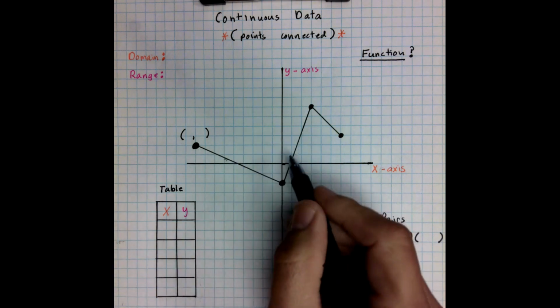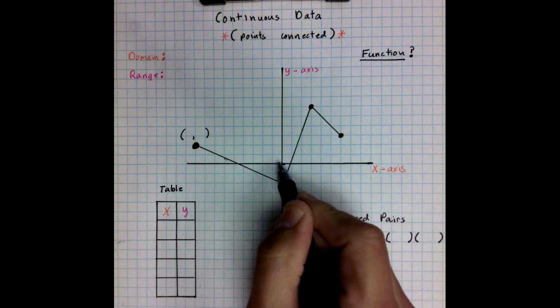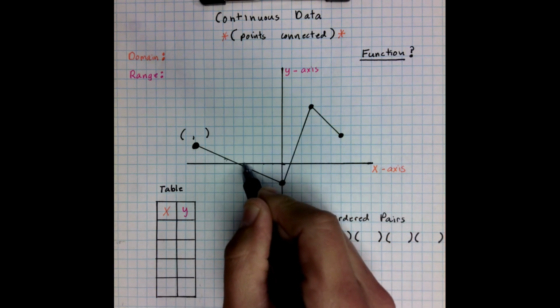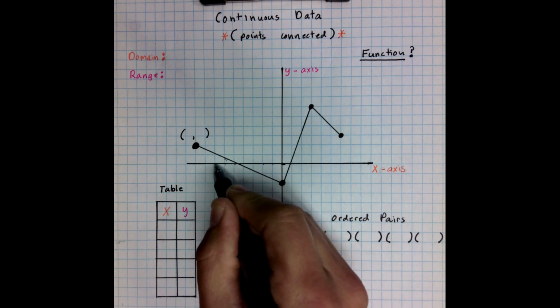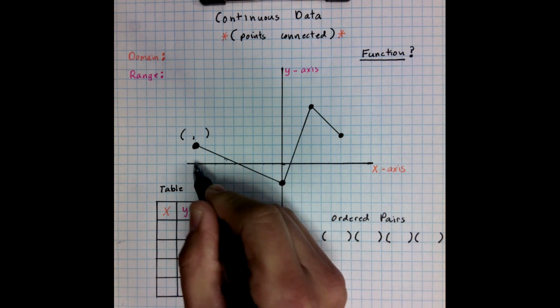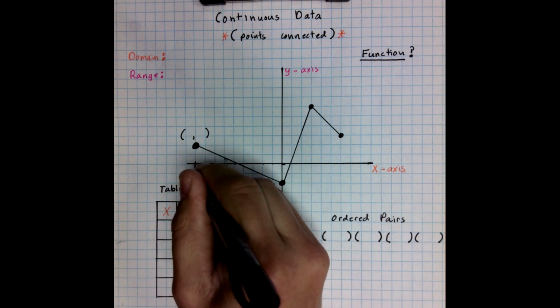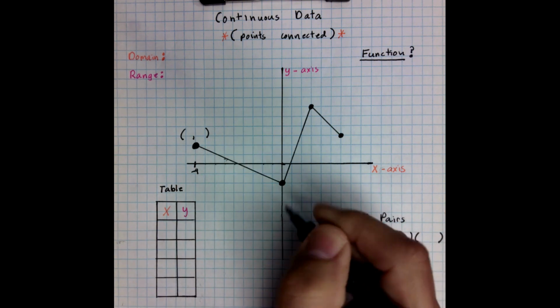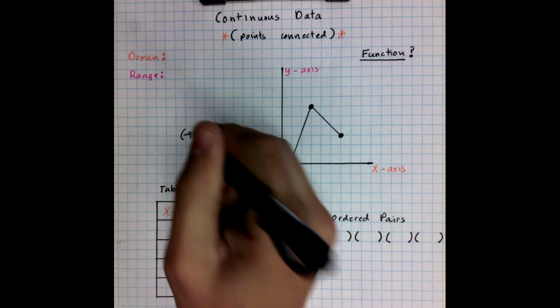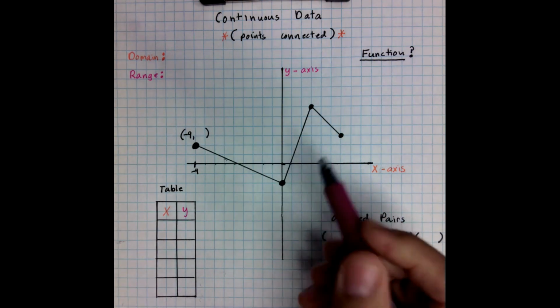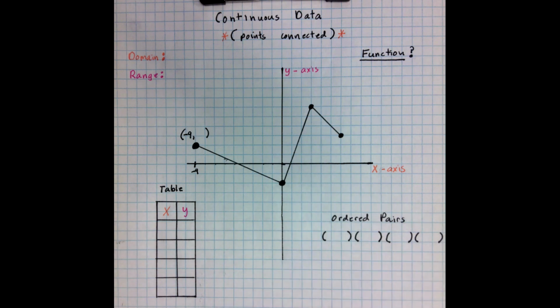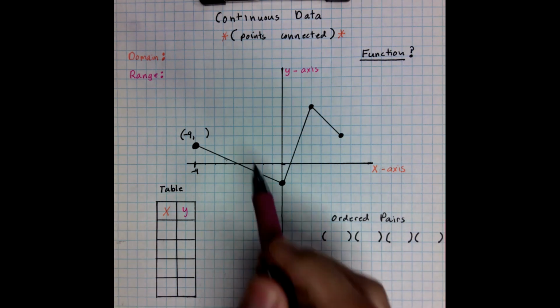Now, at this particular point, in order to find it, we just start from origin, and I go over 1, 2, 3, 4, 5, 6, 7, 8, 9. It lines up with 9. I'm going to put a line right there, -9 on the x-axis. So for my x value, I'm going to put -9. Now for my y value, I'm going to find where it's located.